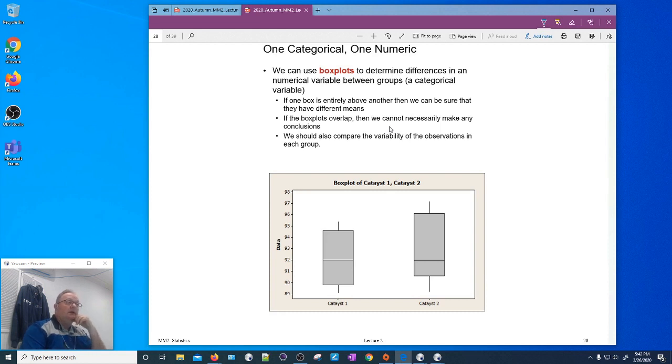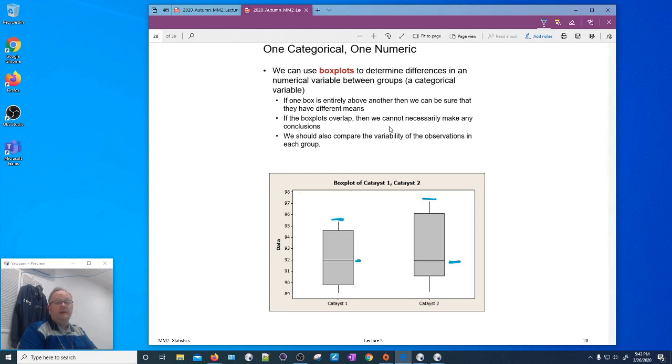So in this case, we can see there are some similarities between the catalysts. The values are slightly different, and it's got a similar spread, but what do you notice about the two data sets straight off? Just training your eye to pick it up. That's the median, isn't it?